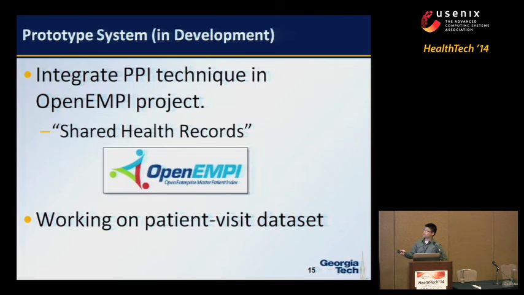In particular, we modify this component, shared health records, in this project. And although we have an open source software, we don't have any realistic data set regarding the patient visit history. So right now we are trying to get some available data and to do the simulation on this platform.